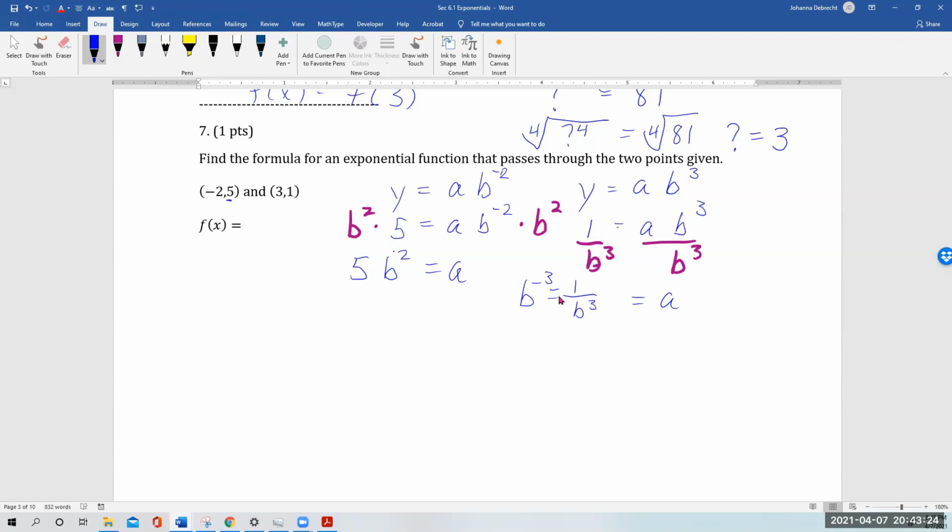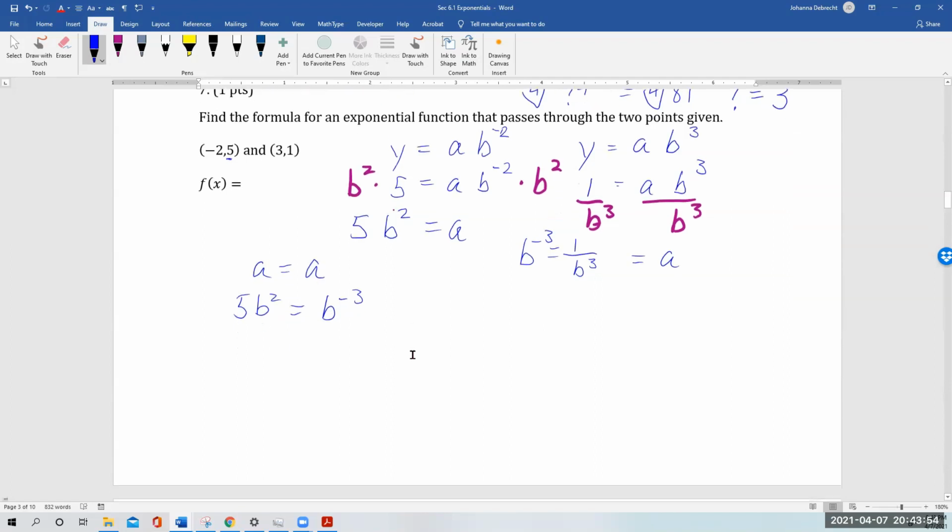Now this is a and this is a, but these represent the same a. And since a is equal to itself, I can set the two sides equal to each other. And this gives me that 5b squared has to be equal to b to the -3. Now that I have this, I can solve the equation and I can find b. In this case, what I want to do is get my two b factors together.